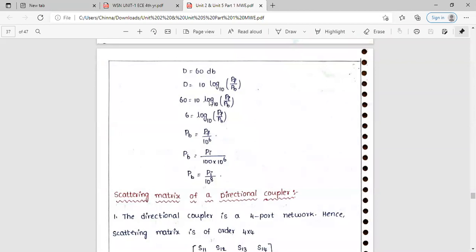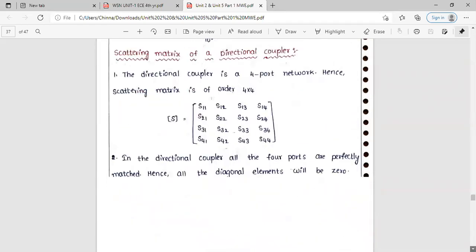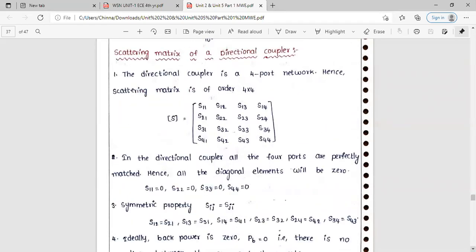Then 60 is equal to 10 log base 10 of PF by PB. So from the formula, PB is equal to PF by 10 power 6. Finally, PB is equal to incident power by 10 power 8. That is the main formula. The incident power is given. That is the formula. So you want to find out the scattering matrix of the directional coupler.